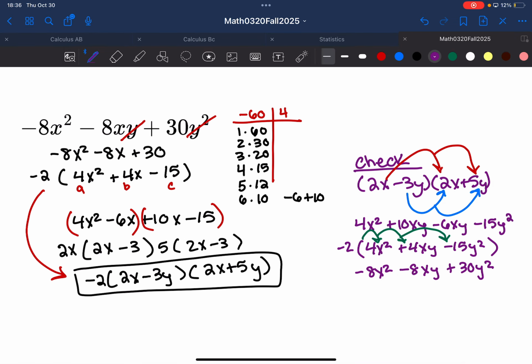So if you ever feel like your answer doesn't look right, you can go back and check. And if you get your original equation back, then you did your math correctly. That shows that yes, the x squared and the y squared don't disappear, they're there. We just factored them out into its simplest form.